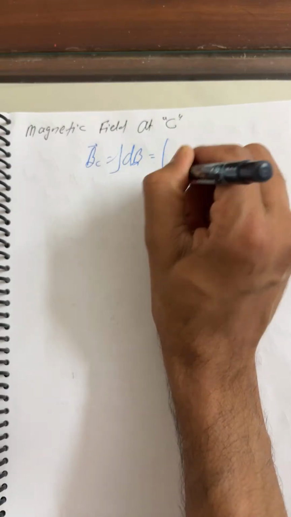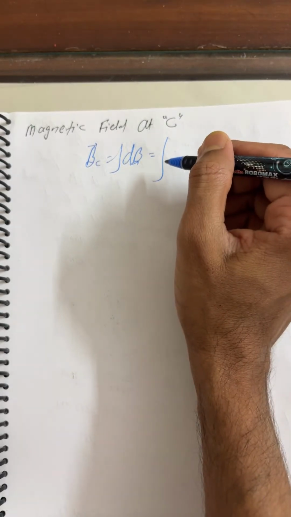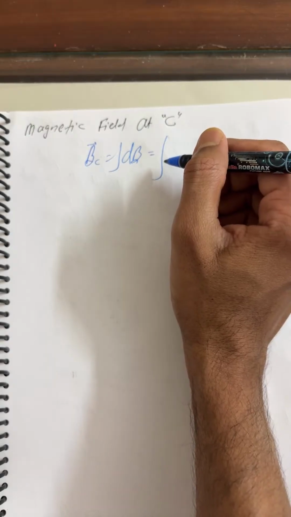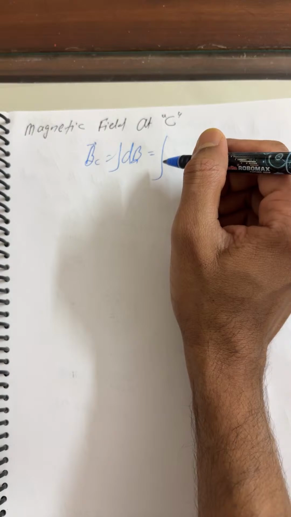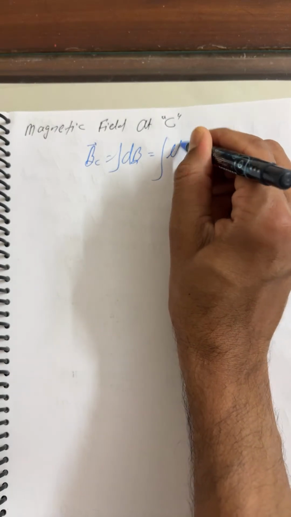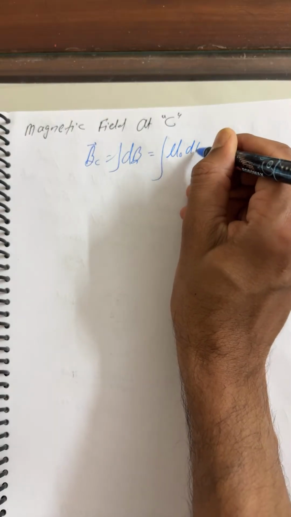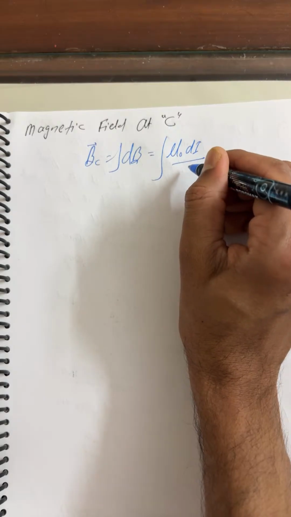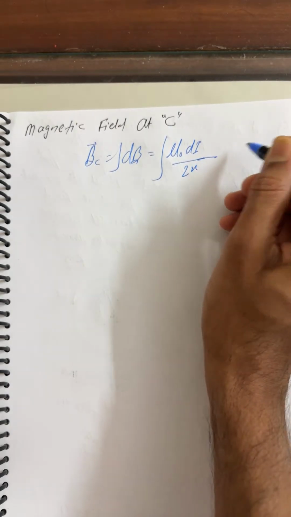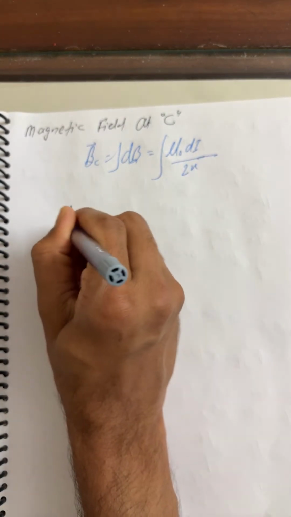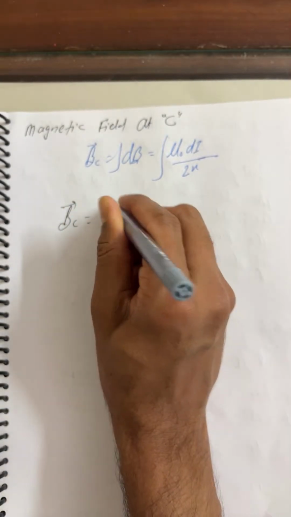Because it's a circular ring, the magnetic field at the center of any circular loop is mu naught I by 2r. So here dB is mu naught di by 2x. We found di previously. The limit is from 0 to r.